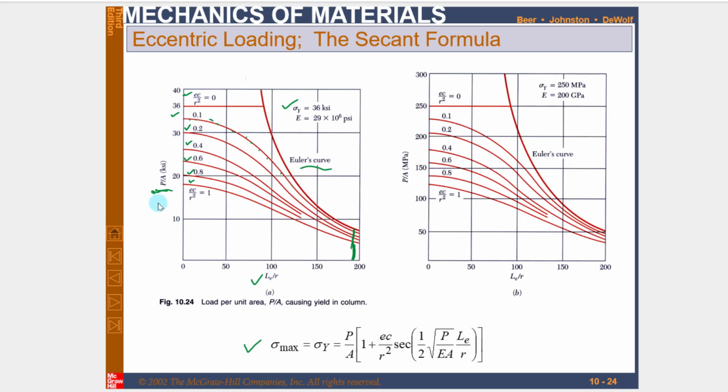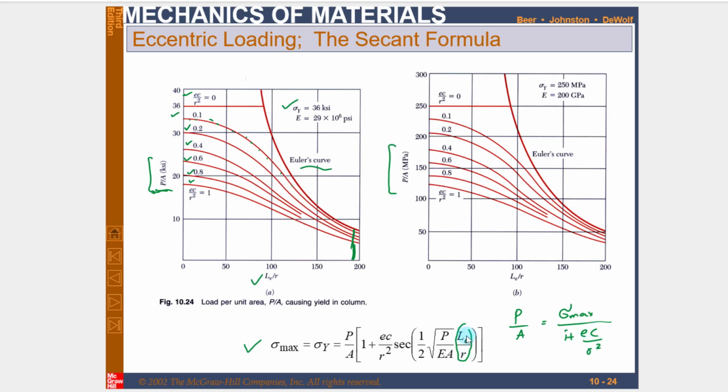This graph is for foot-pound system and this graph is for metric system. Again, if you consider that EC for smaller value of LE over R. Clear? So we have P by A is equal to sigma max divided by 1 plus EC over R square.